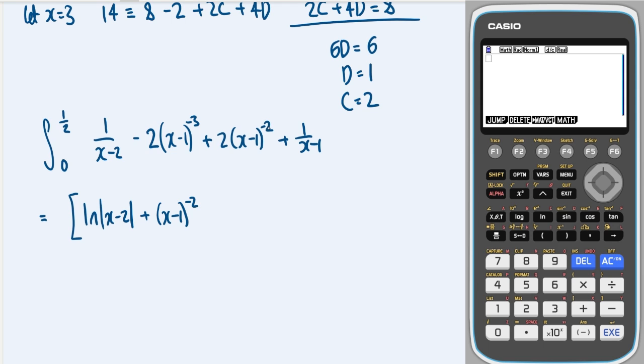Here we're going to up the power to minus 1, divide by the new power, which will give me minus 2. And again, the derivative of the bracket is just 1, so dividing through by that will keep it the same. And this is going to integrate directly to a ln. And that is between minus 1/2 and 0.